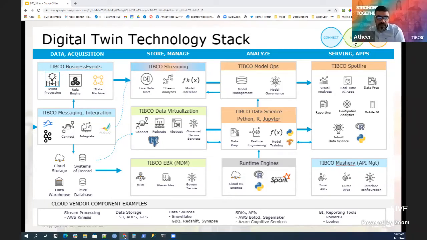The second layer is the unify, which is basically governing all this data and controlling the access. Here we will perform any data quality steps, cleansing, and most importantly, who can access what.